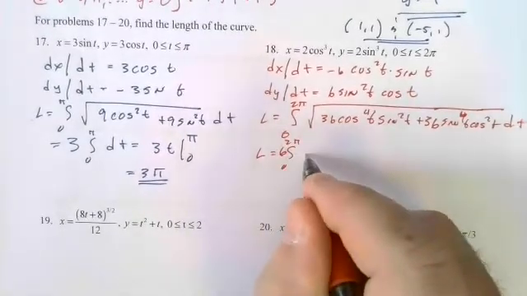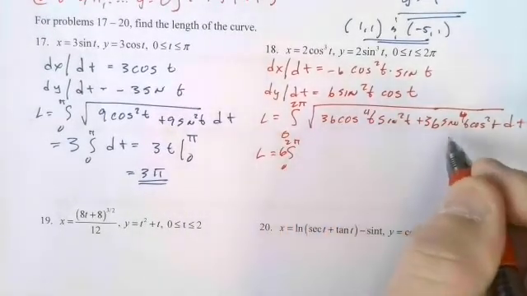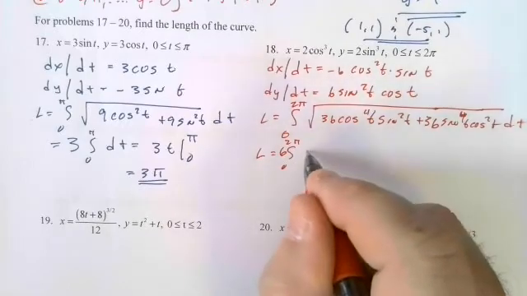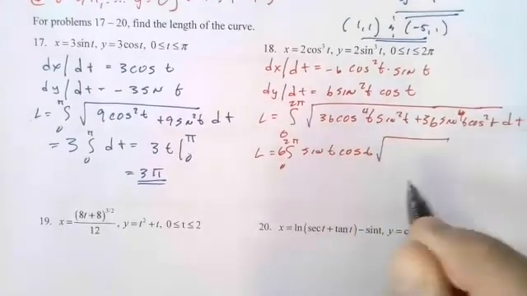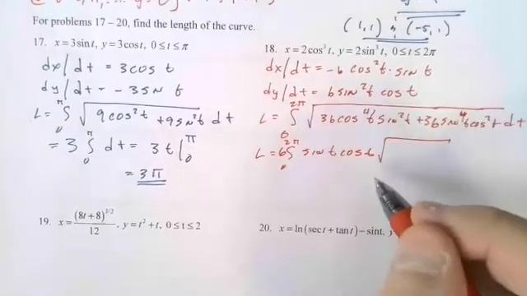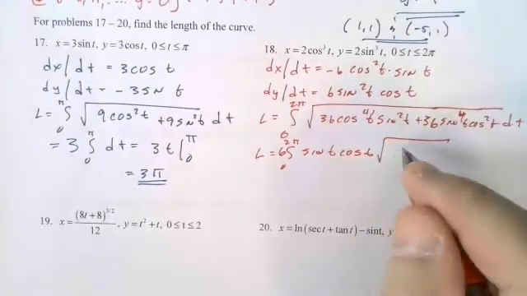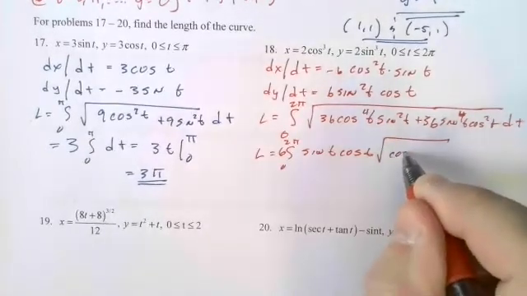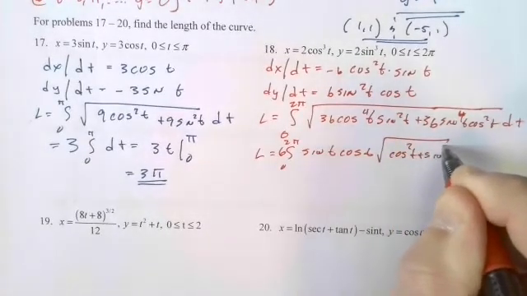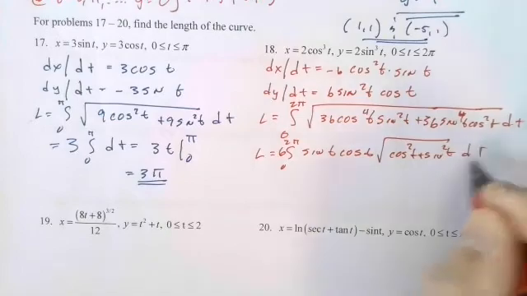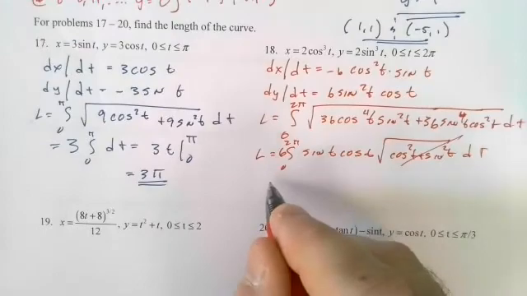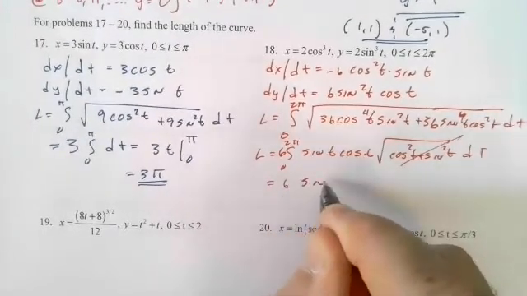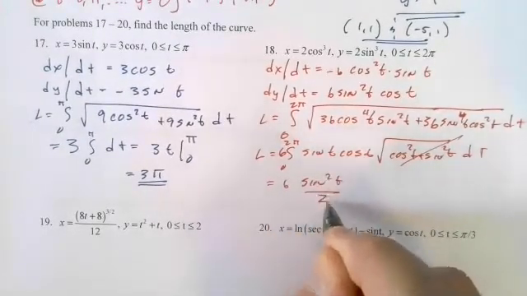Put the 6 out front. Cosine squared and sine squared come out. After I square root them, I just get sine of t cosine of t, and I'm left with sine squared plus cosine squared, which is 1. Integrate that, and we get 6 sine squared t over 2.